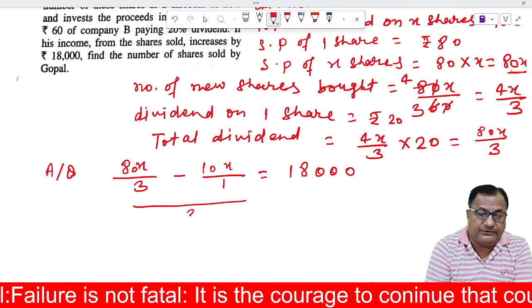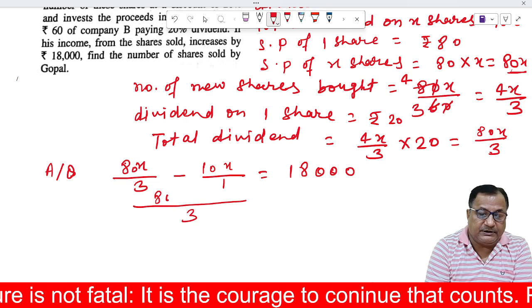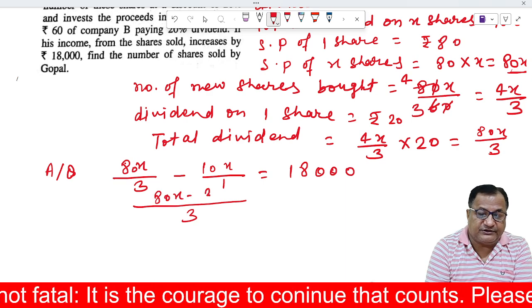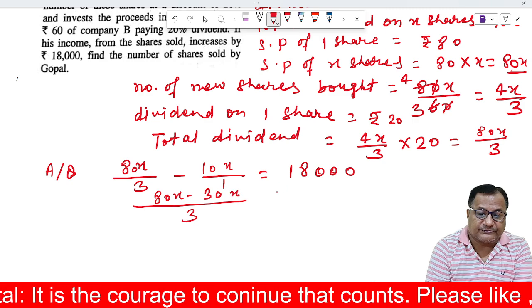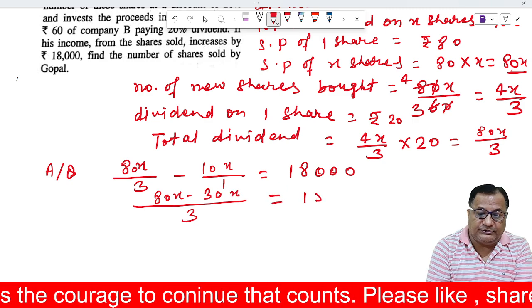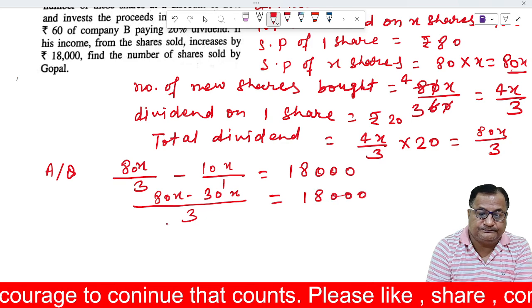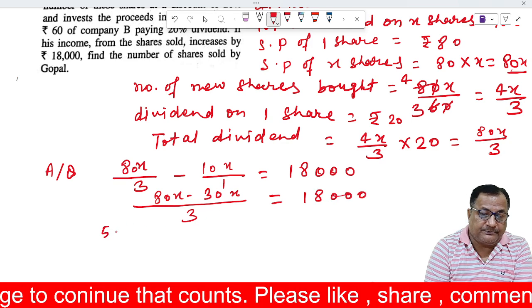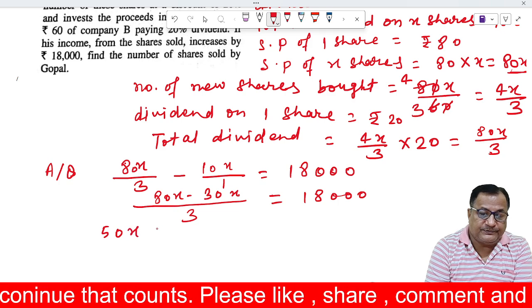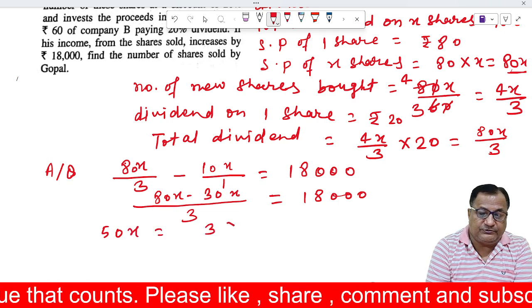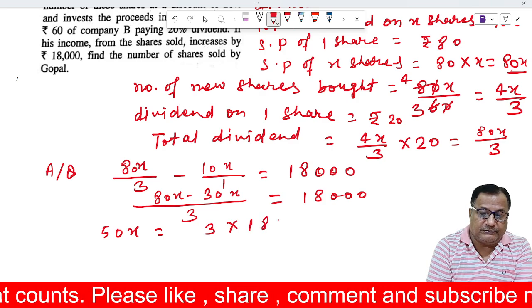Now solve: 80x minus 30x by 3 equals 80,000. 50x is equal to 3 into 80,000.